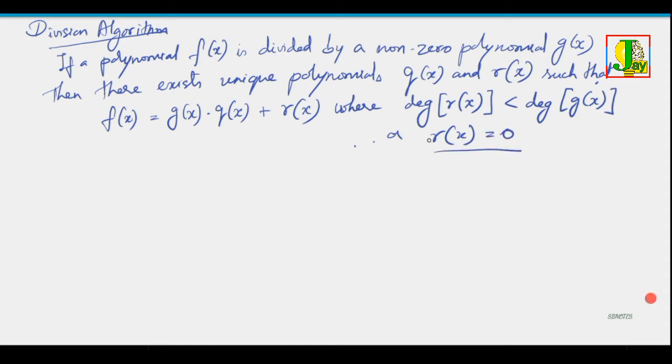We'll come to this point later. First, try to understand this algorithm with the help of simple integer division.